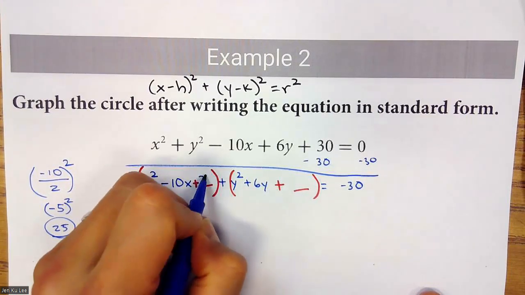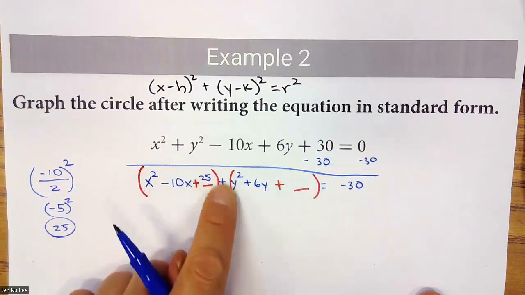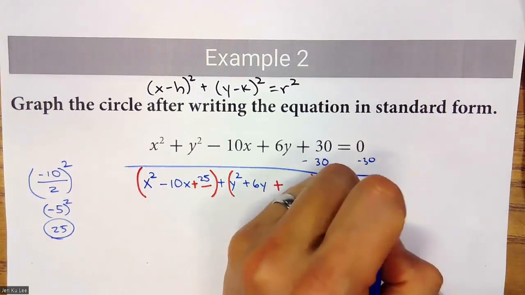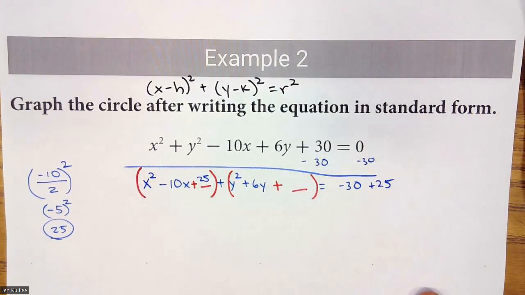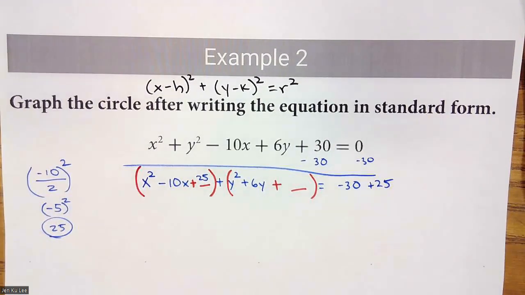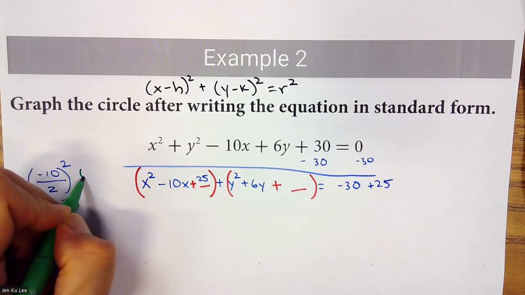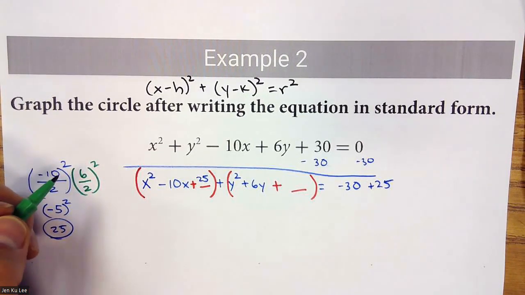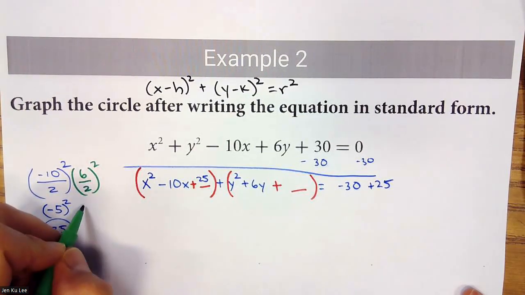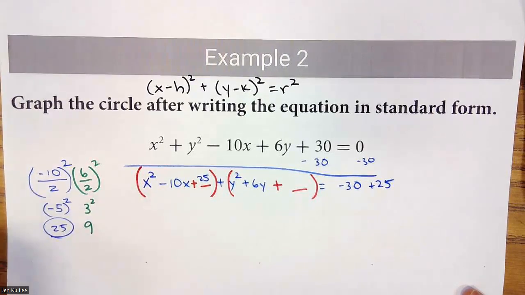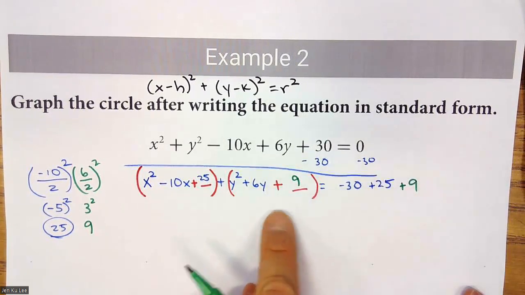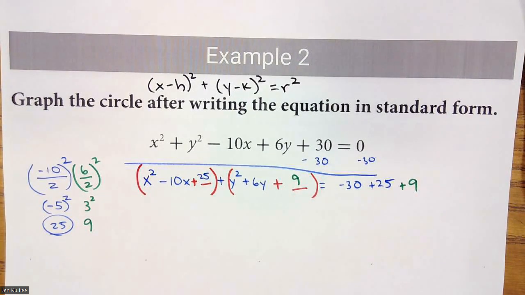So I know I'm going to add 25 here, since I'm adding 25 to my left-hand side. And then getting the 6, dividing it by 2 and squaring it, I would have 3 squared, which is 9. So I'm going to add 9 here.